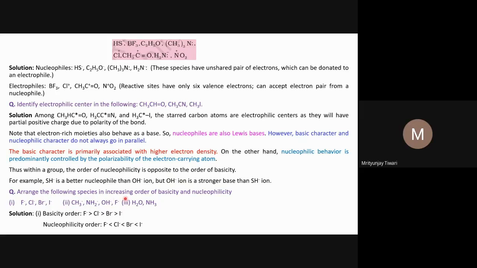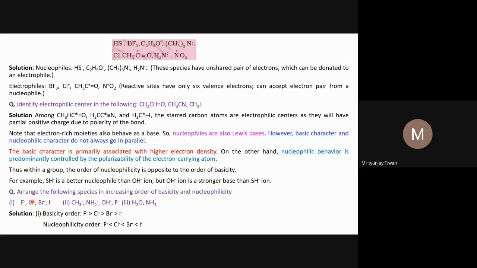Arrange the following species in increasing order of basicity and nucleophilicity. The first example is F minus, Cl minus, Br minus and I minus. As we go down the group, polarizability increases, so the nucleophilic character will increase as we go down the group.